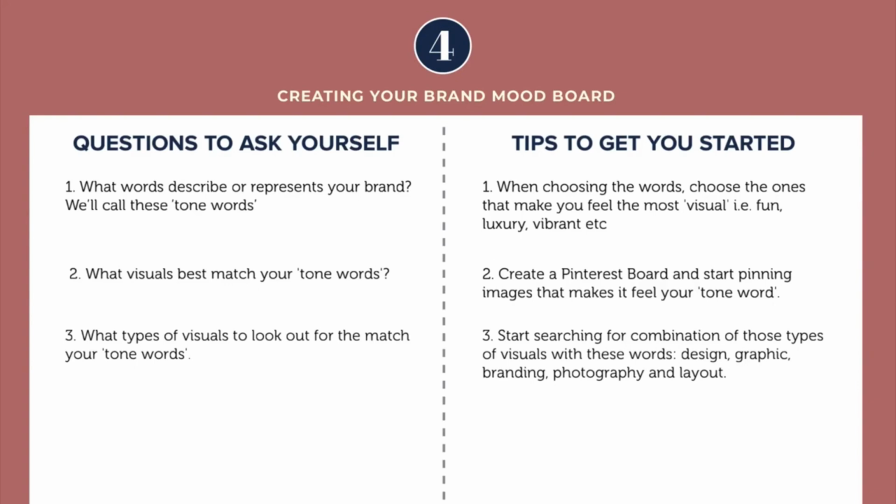Do you get what I mean? We're honing into the type of visuals that we're looking for. So once you get an idea of what you're interested in, honing into that word by searching the tone word plus the types of visuals will help you to get a better idea of the direction of your visual branding. So let's get back into Pinterest and continue searching.